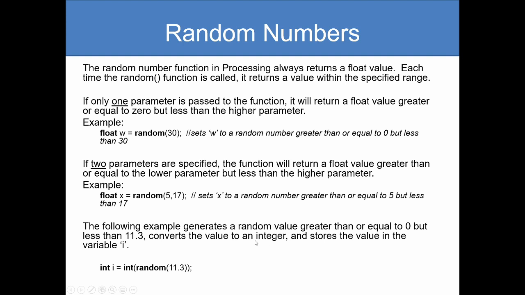Right here we have a number, and this is the thing I was telling you about before: we do have a way of changing a number from being a float to an int. We can give this random a decimal value. What this does is generate a random number that's greater than or equal to 0, but less than 11.3.